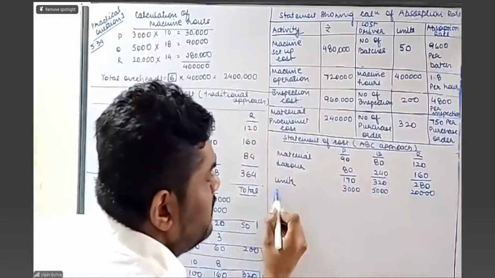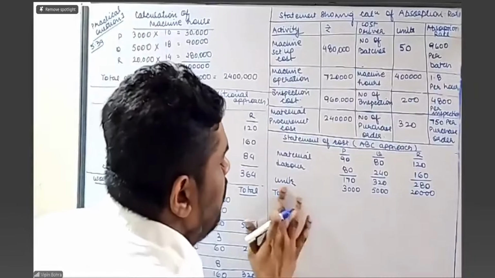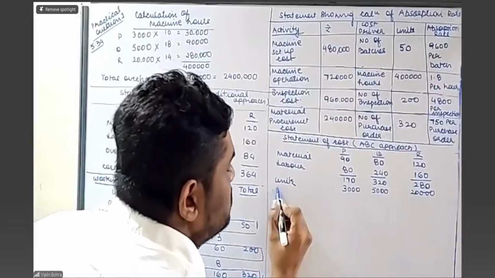So we'll calculate the total cost, or we can write it as prime cost also.